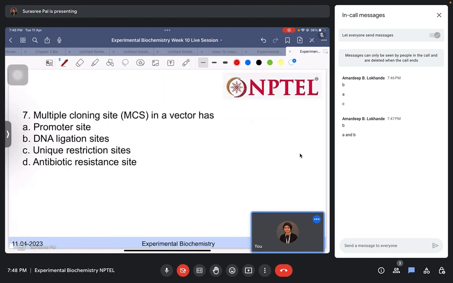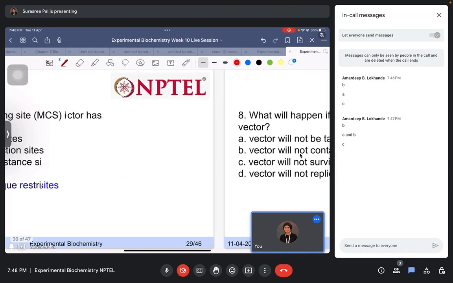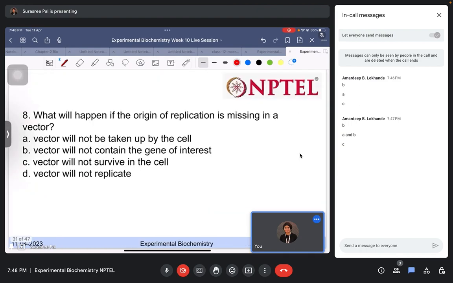Next, yes, unique restriction site. Next question.